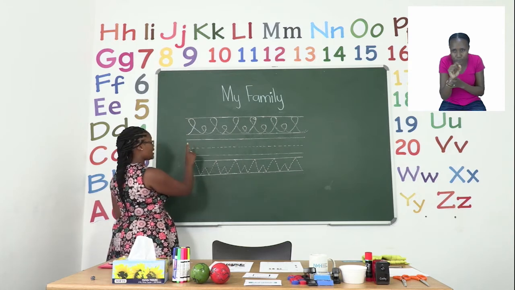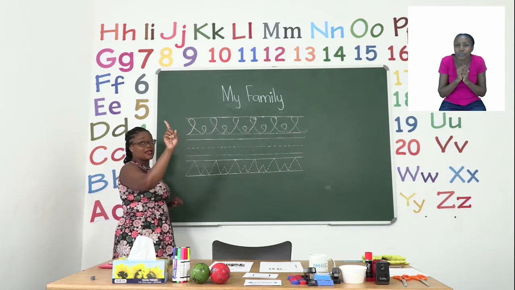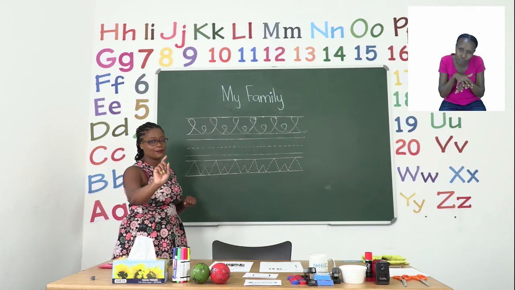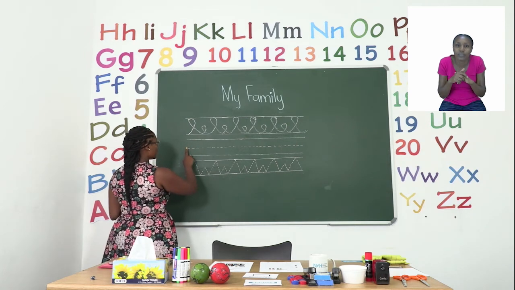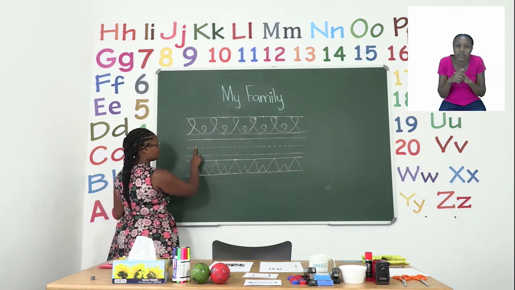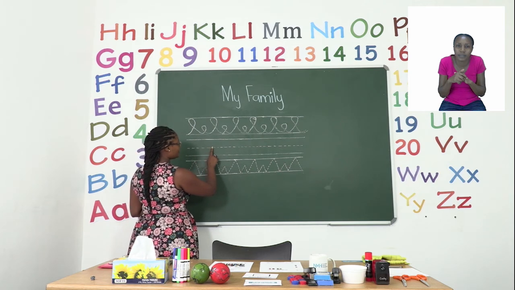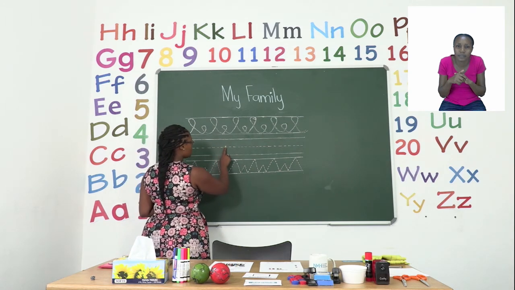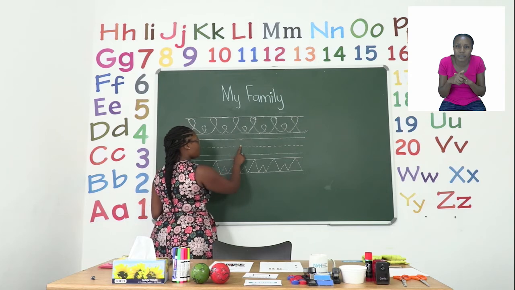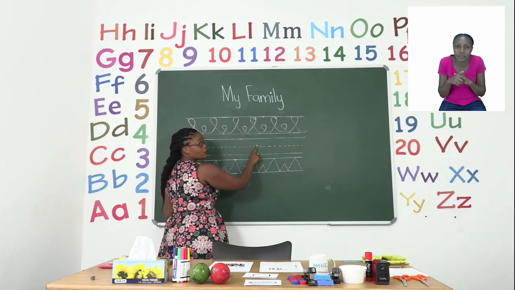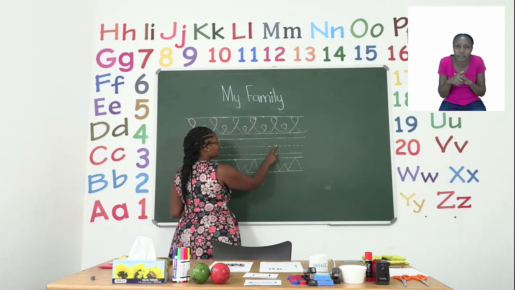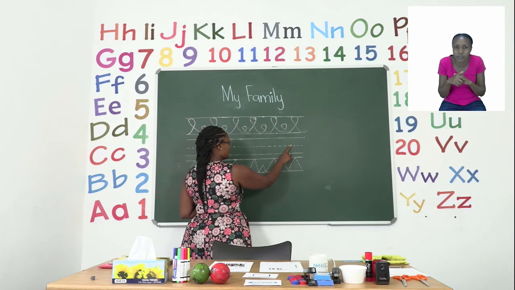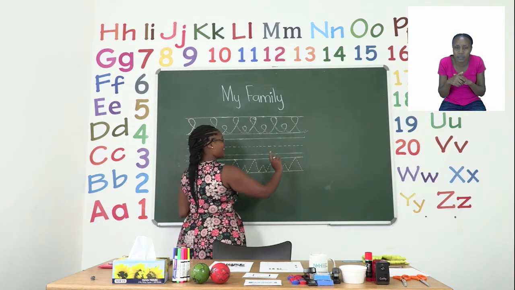So let's take our time with our finger, not a pencil, and we're going to go across. Very good, grade ones. Don't rush and try hard not to lift up your finger. Very good. And get to the end.